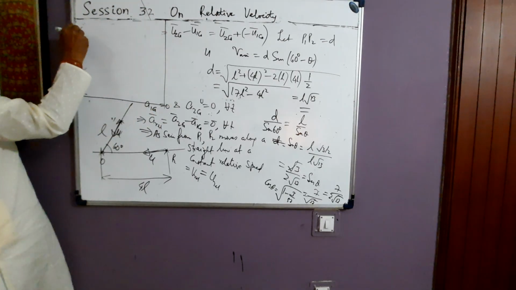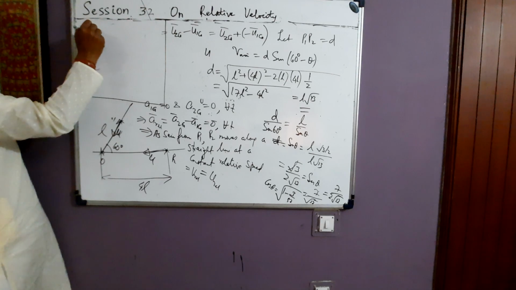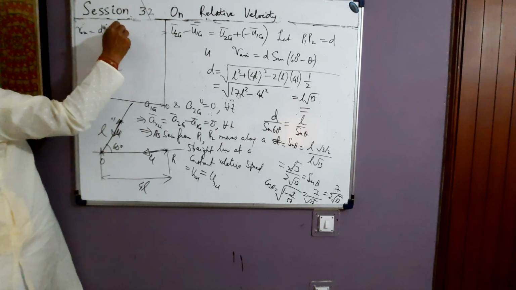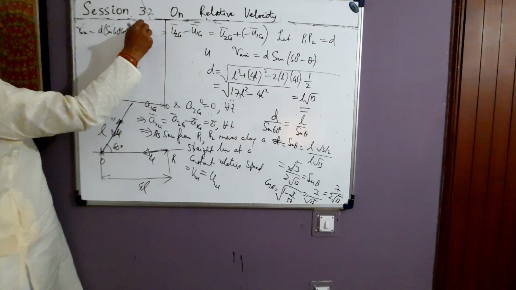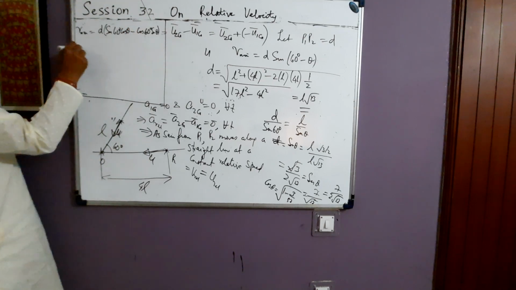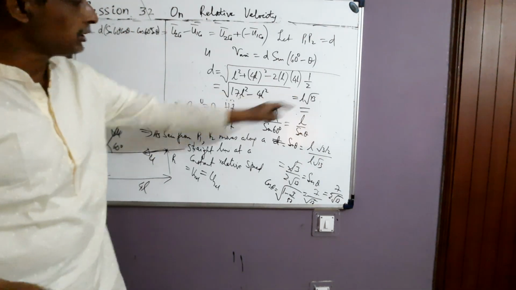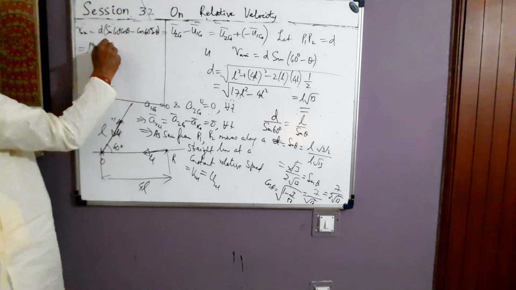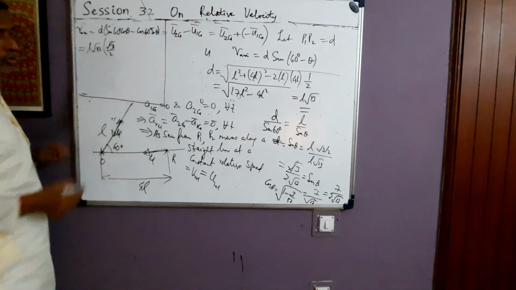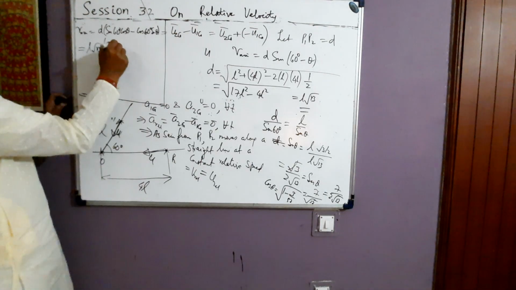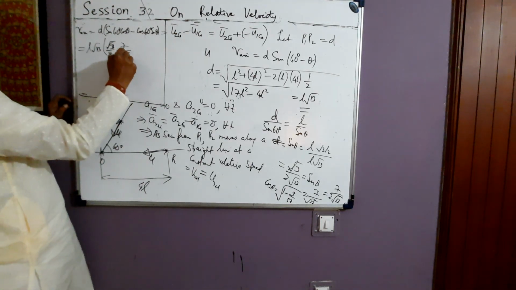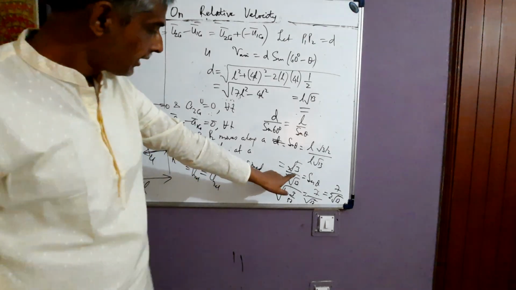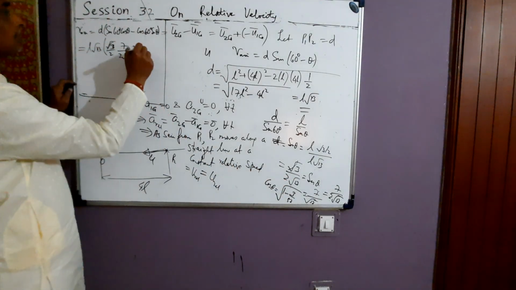R minimum will be equal to D into sin 60 degree cos theta minus cos 60 degree sin theta. Now D is equal to how much? L root 13. Sin 60 is root 3 by 2 into cos theta, and cos theta is 7 by 2 root 13, minus cos 60 is half, sin theta is root 3 by 2 root 13.